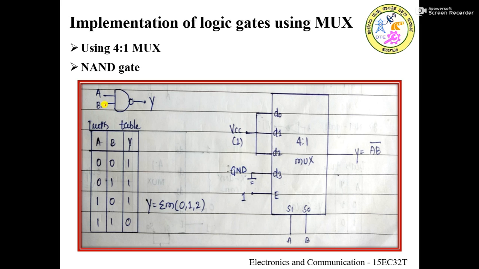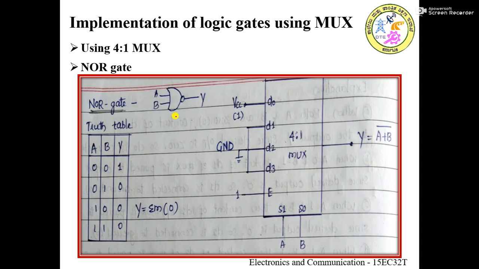The inputs of the gate are mapped with the select line contents, meaning S1 is mapped with A and S0 is mapped with B, and these 4 outputs are mapped with the 4 inputs of the 4:1 mux in sequence. The first 3 outputs are 1, meaning the first 3 inputs of the 4:1 mux are connected to VCC, and the last combination, which will result in 0, meaning D3 is connected to ground.